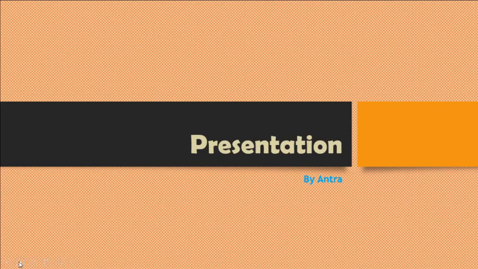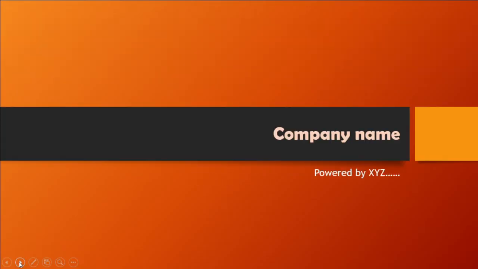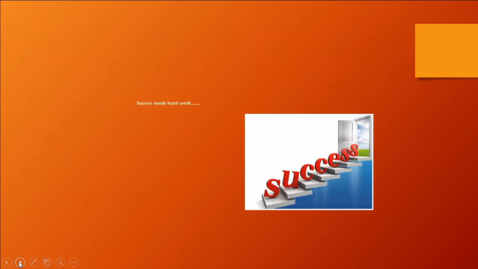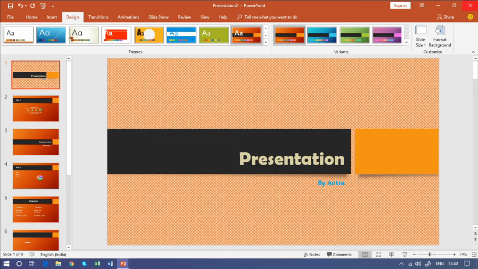Obviously we want to go to the next, so just click this. You can go through your whole presentation, and when it reaches your last slide, it will show a black screen. Just click once to go back to your PowerPoint.